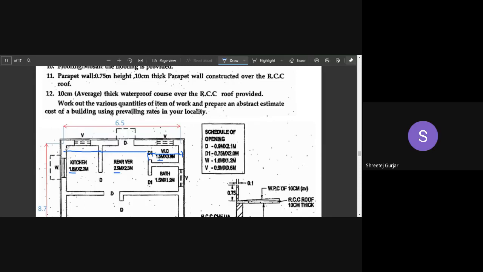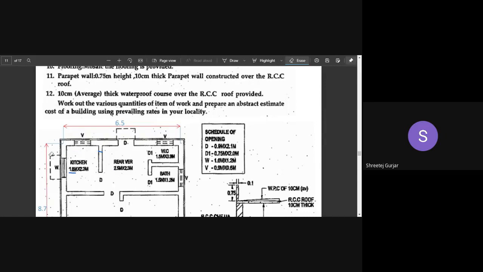Adding 0.15 plus 1.8 plus 0.2 plus 2.5 plus 0.2 plus 1.5 plus 0.15, we get the center to center length as 6.5. So that is what we have shown in the first step.